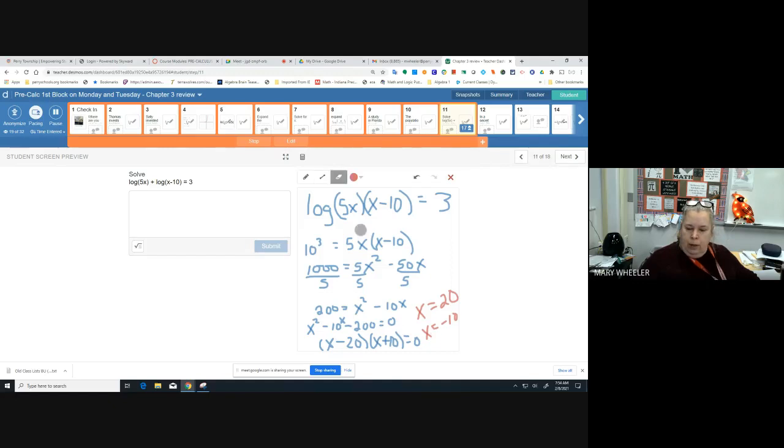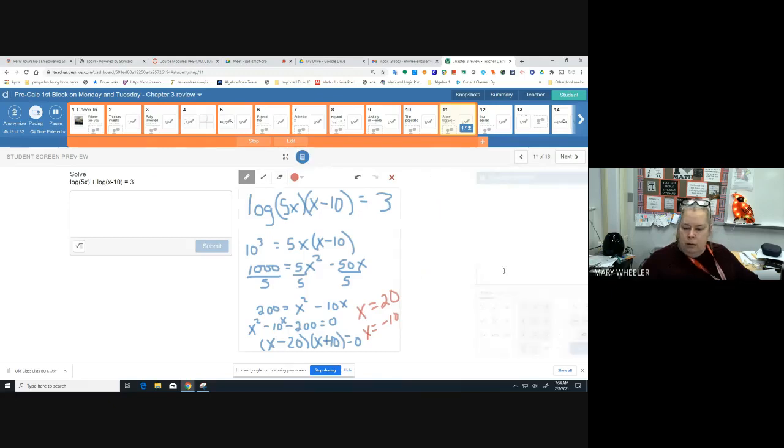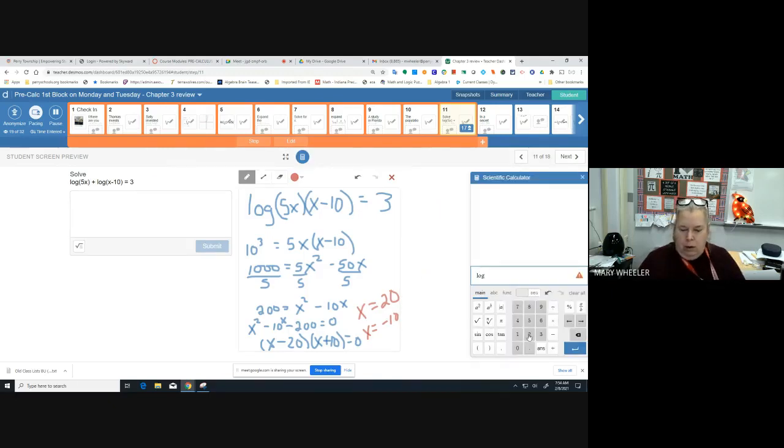The trick on this one is remembering something that I'd said early on. You can't take a log of a negative number. So if I plug negative 10 in there, if you try to take the log of negative 50 in your calculator, you're going to get undefined. Okay? That's because our output has to be positive. That range has to be positive, okay?